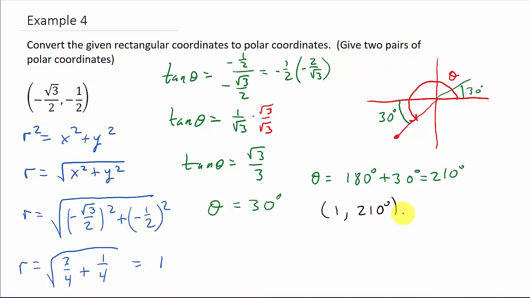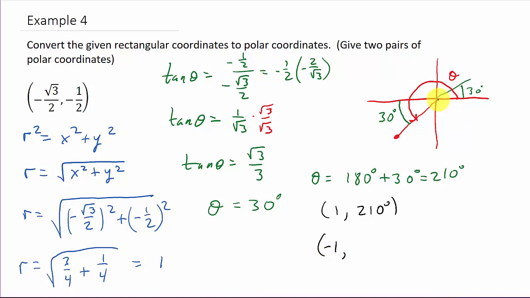Now, we want to get another pair of points. If you look at this, r is 1, so we go out 1 and then rotate 210 degrees, and that gets us to the point over here. Another option is we could say we want r to be negative 1.